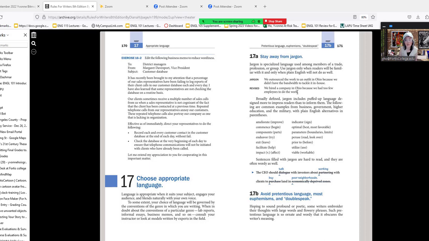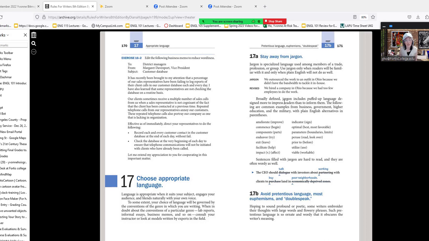Revised: We hired a company in Ohio because we had too few employees to do the work. Broadly defined, jargon includes puffed-up language designed more to impress readers than to inform them. The following are common examples from business, government, higher education, and the military, with plain English alternatives in parentheses.